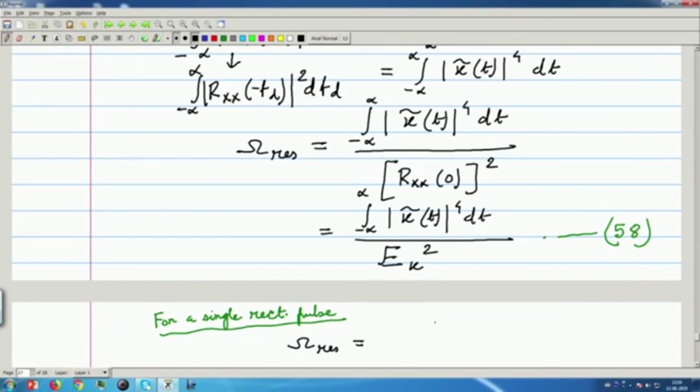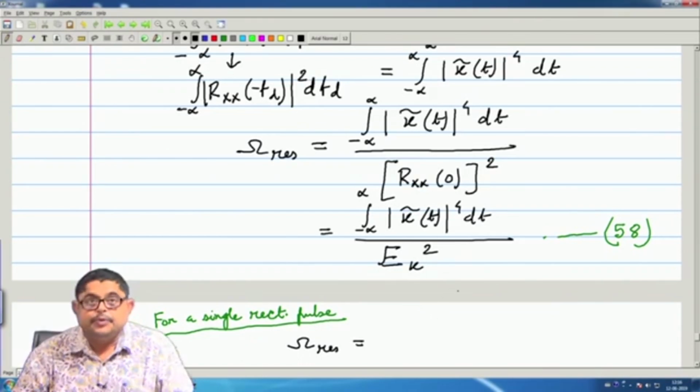We know the value of x t, it is a rectangular function.